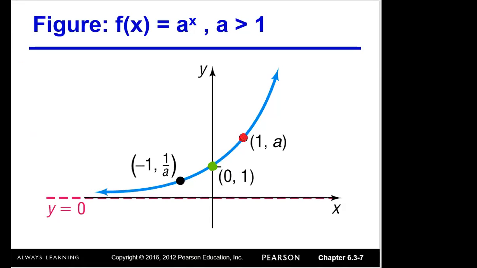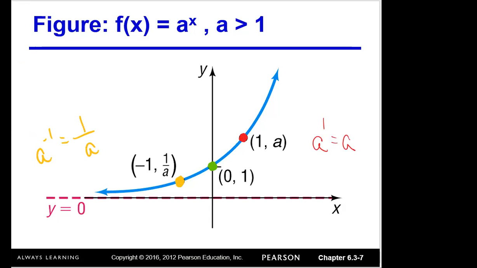When x is 1, a to the 1 is equal to a. And then this point over here, when x is negative 1, you have a to the negative 1, which is 1 over a to the positive 1. Those points will always be there.